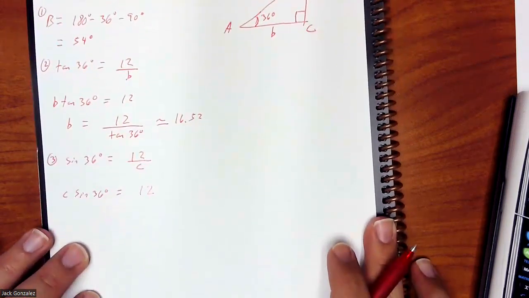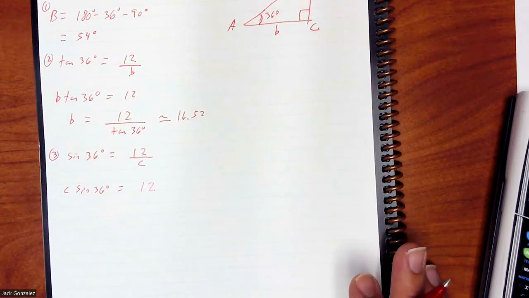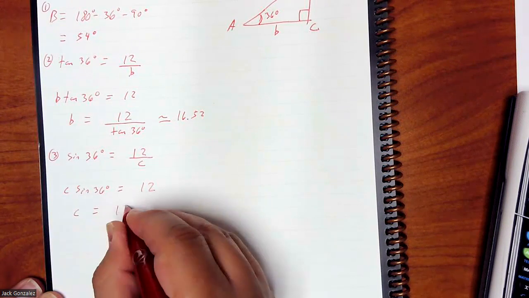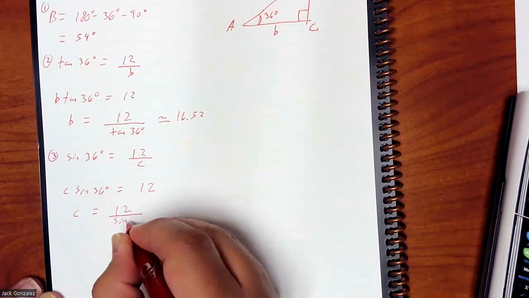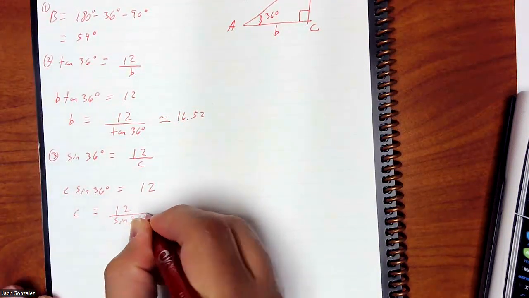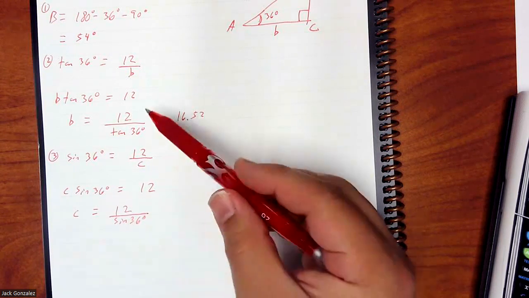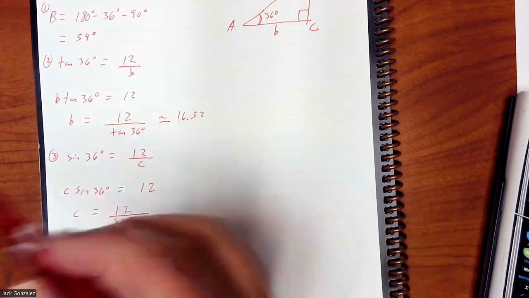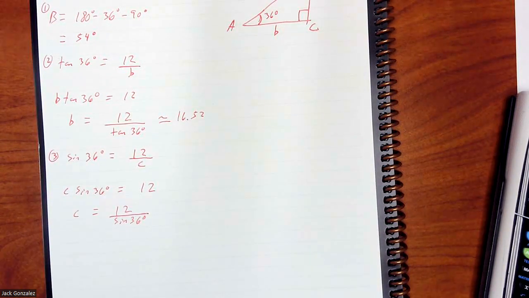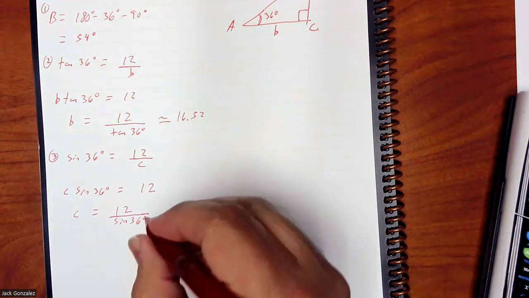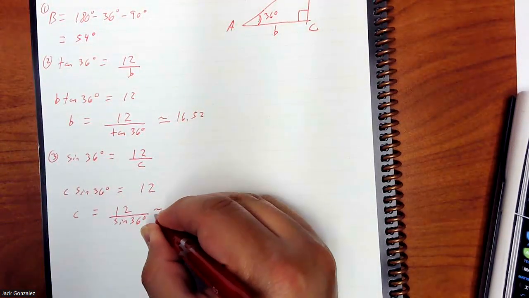Multiply both sides by c, divide by sine on both sides, and you'll have c equal to 12 over sine 36. I skipped some of the algebra steps. Is that okay? Do you see how we got here? Let me know if you forgot some of your algebra.